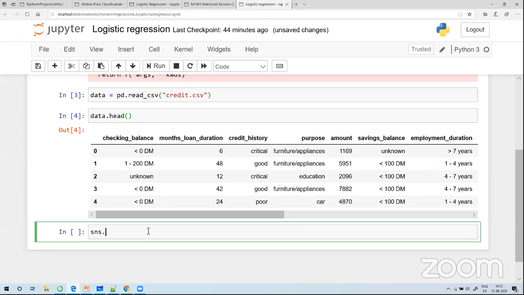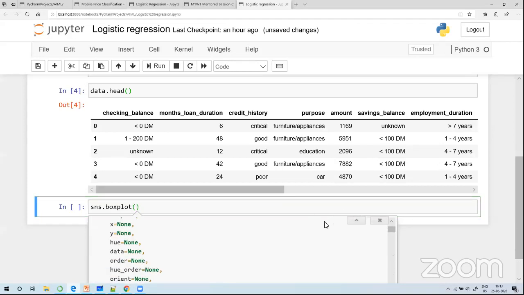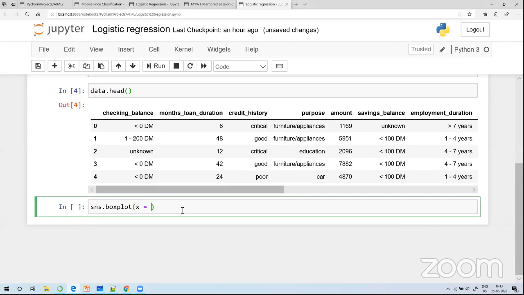SNS dot box plot. If you want to know the help, you know how to get the help. Shift tab and it will throw you some details. What should be there on x-axis, y-axis, etc. Now x is equal to default, and on y-axis we are going to put months loan duration, and data is equal to credit.